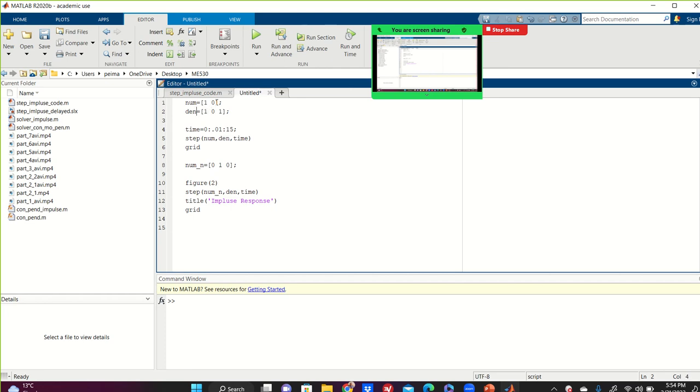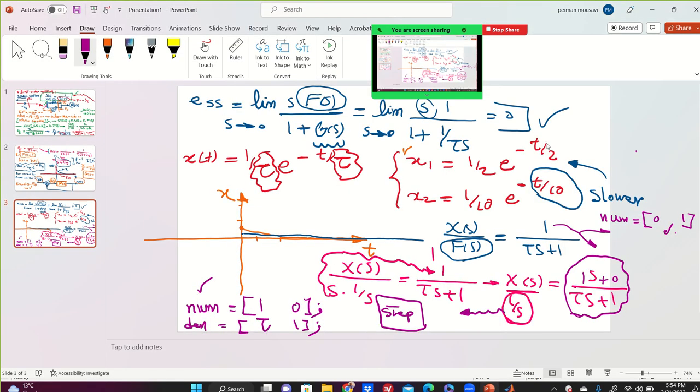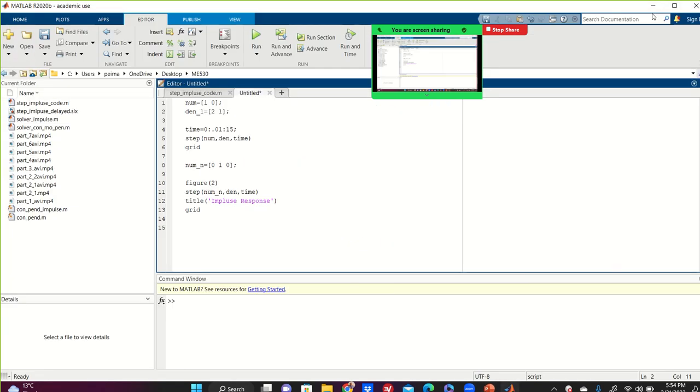I'm going to plot two with different time constants. Look here, guys. For one time constant, I'm going to put 2, and for another time constant, I'm going to put 5. See what I'm saying?